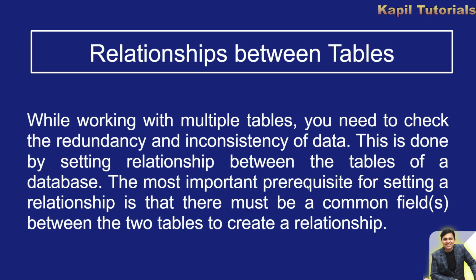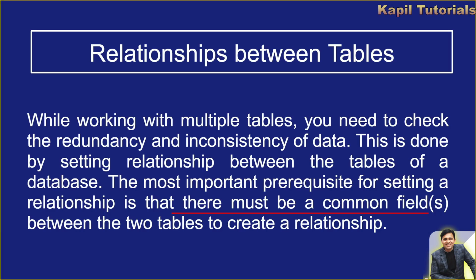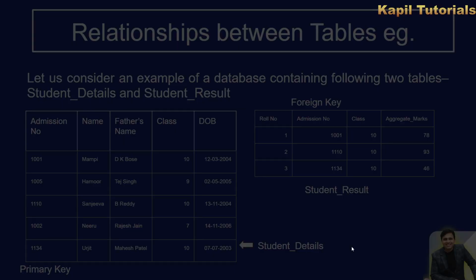The most important prerequisite for setting a relationship is that there must be a common field. Yes, this is important. There must be a common field between the two tables to create a relationship. Just now I was explaining that. Like I had made admission number a common field, which will allow me to create the relationship.